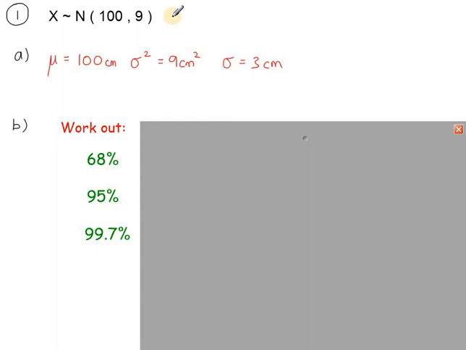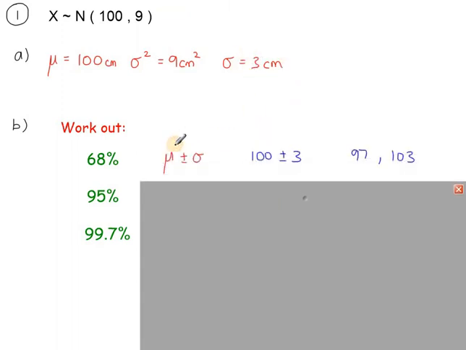And from what you've seen already, that will be the mean plus or minus 1 standard deviation. So 100 plus or minus 3. So 68% of all children in this population will have a height between 97 centimeters and 103 centimeters.